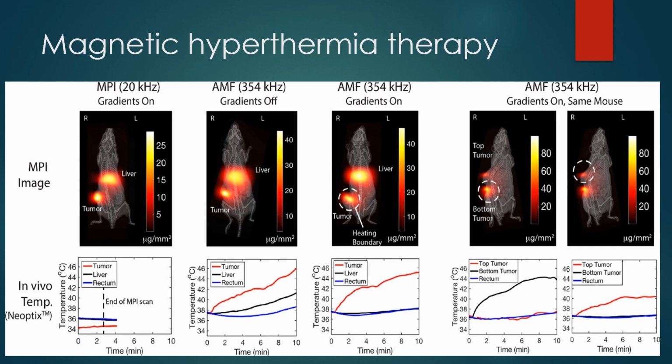The other organs' temperatures do not get higher, because the magnetic particles in these organs are saturated. And in the last picture, when they target the bottom tumor, only the temperature of the bottom tumor increases, and when they target the top tumor, only the temperature of the top tumor increases.